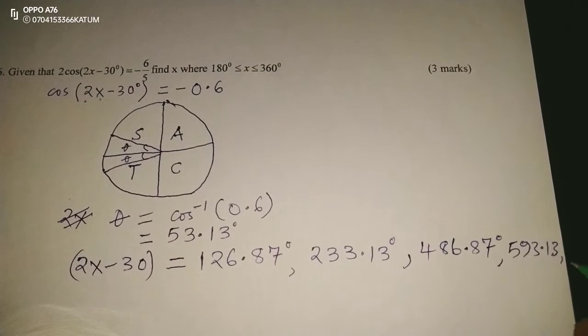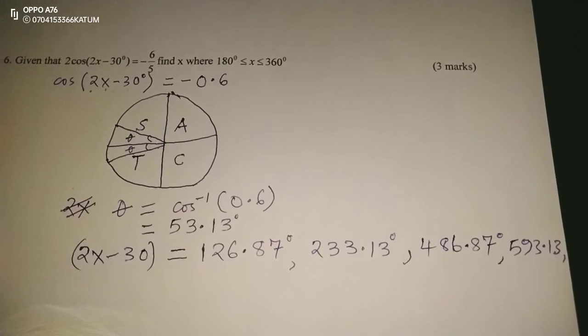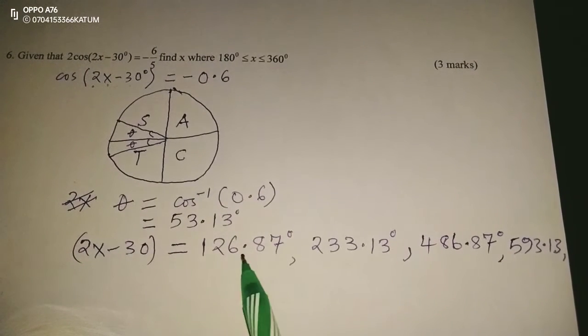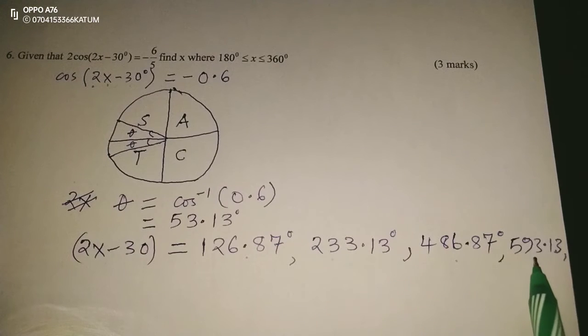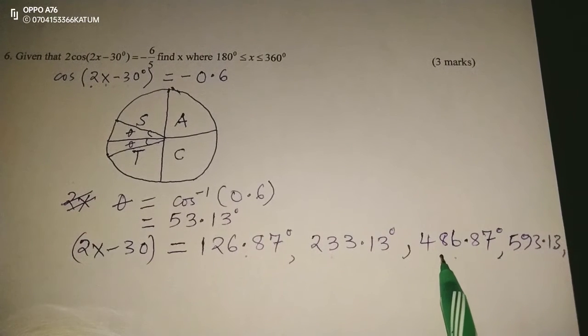We can continue counting several angles. So we've said 126 becomes 486, 233 becomes 593. With another cycle, we can check the value of 486.87.